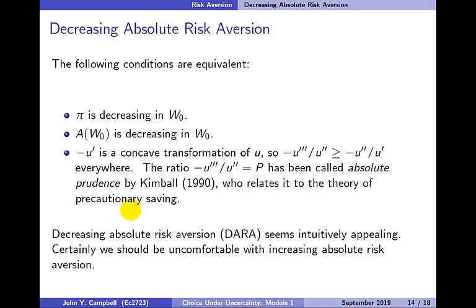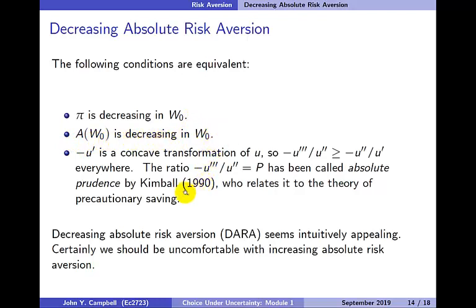All right, so that completes the analysis of the comparison of risk aversion. Let's just talk for a moment about how risk aversion may vary with the level of wealth. I will simply state on this slide, without proving it, that a risk premium that decreases in the initial level of wealth for any given risk is equivalent to saying that absolute risk aversion decreases in the initial level of wealth.